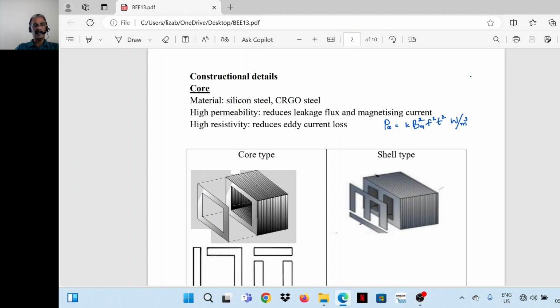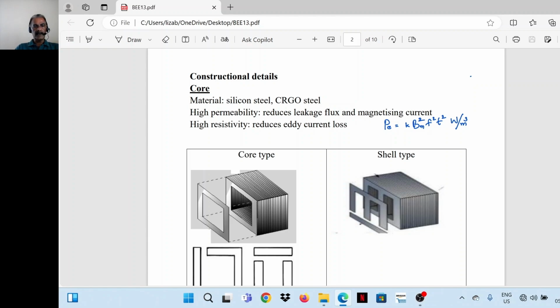In the previous session, we have seen leakage flux. A portion of the flux produced by the primary is completing its path through air, not through the core. This flux is called the leakage flux. It has negative effects on the performance of the transformer.